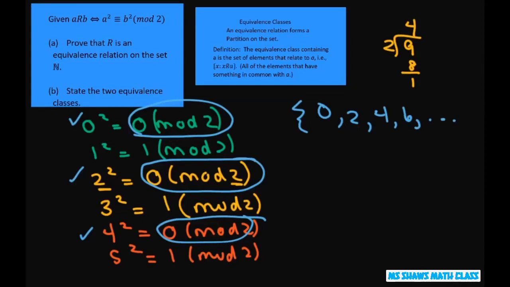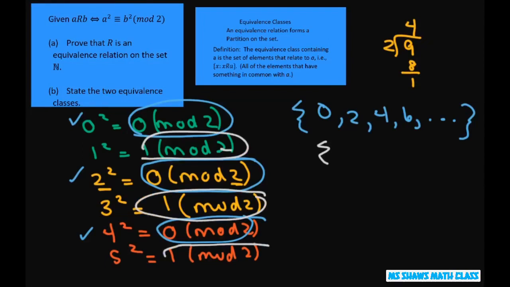We just needed to write enough down to find a pattern. And another one is where you have the 1 mod 2. So that would be 1, 3, and 5, your odd numbers. Because anytime you divide an odd number by 2, your remainder is 1. And those are your 2 equivalence classes.